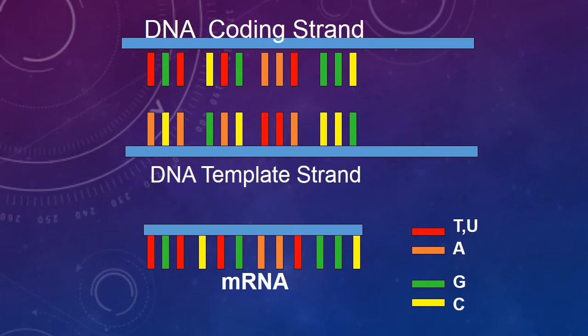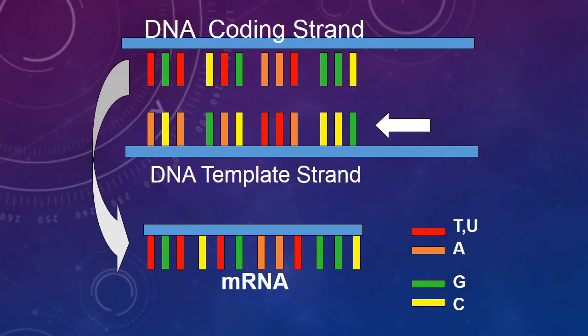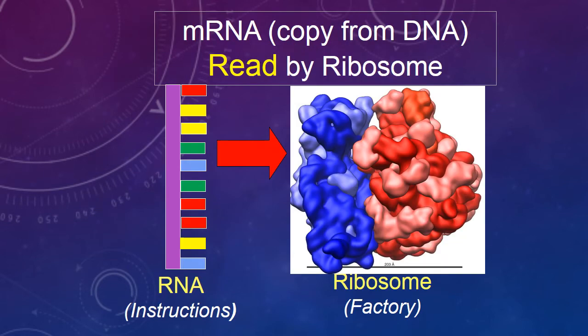It uses the template strand. And by using the template strand, you get an exact duplicate of the coding strand that determines the amino acid. So that will leave the cell, and it goes into a ribosome.